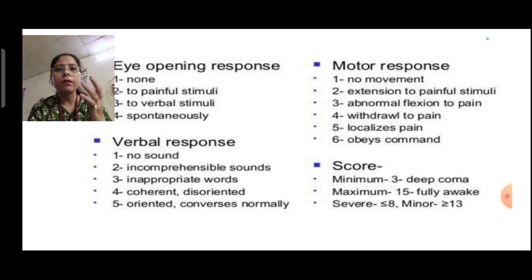If the patient is oriented and converses normally, we grade him as 5. If he is coherent but disoriented, we grade him as 4.